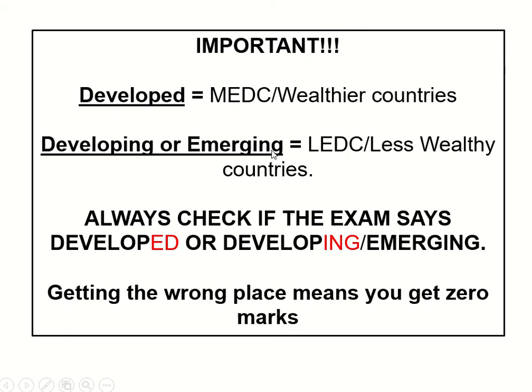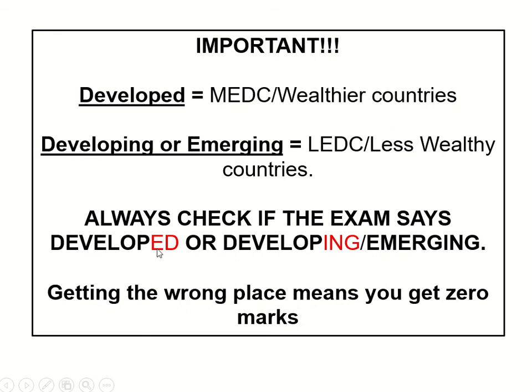So in an exam, you may well be asked to talk about a developed country city, a developed country's city. If you don't talk about Norwich and you talk about Mexico City by mistake, you will get no marks for that particular section. So it's absolutely vitally important that you refer to Mexico City if it says developing, and Norwich City if it says developed.